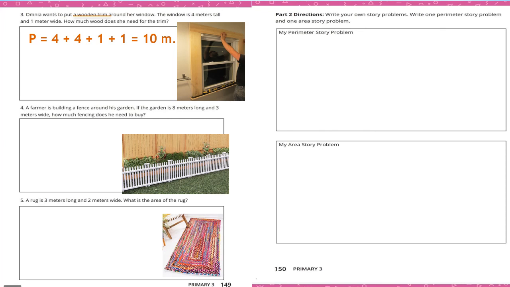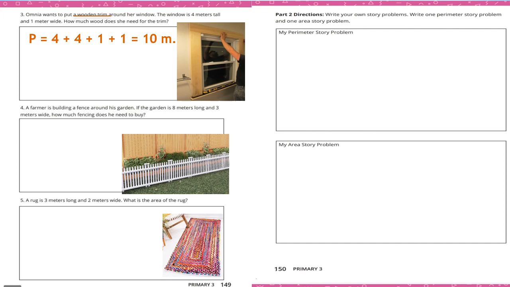Number 4, a farmer is building a fence around his garden. If the garden is 8 meters long and 3 meters wide, how much fencing does he need to buy? So the fence around the garden is like the perimeter around the shape.